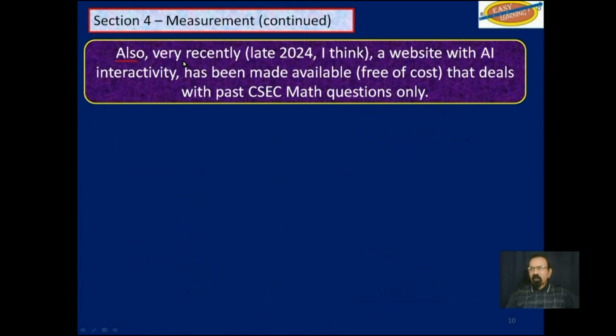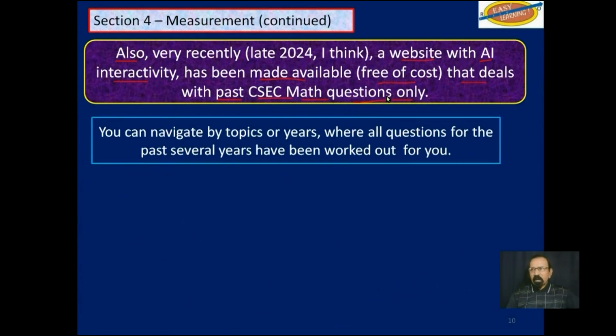Also, very recently, a website with AI interactivity has been made available free of cost that deals with past CSEC math questions only. You can navigate by topics or years, where all questions for the past several years have been worked out for you. That is to say, all questions from paper 2.